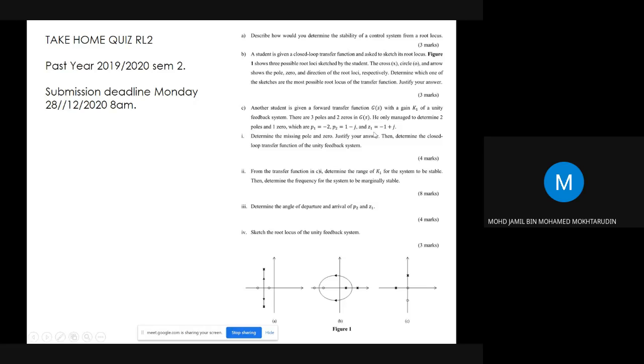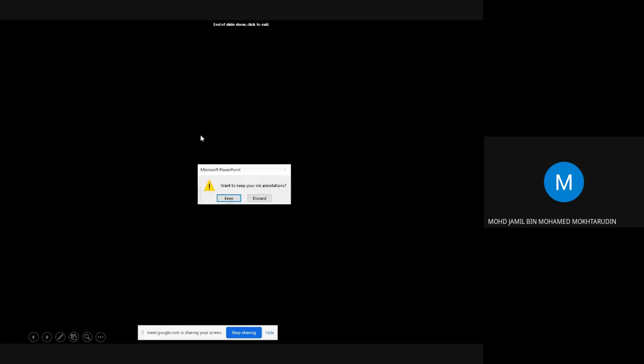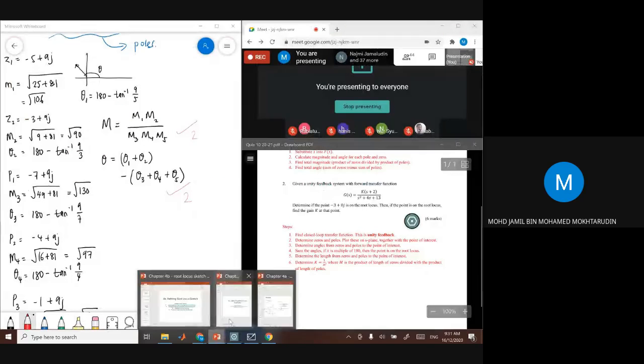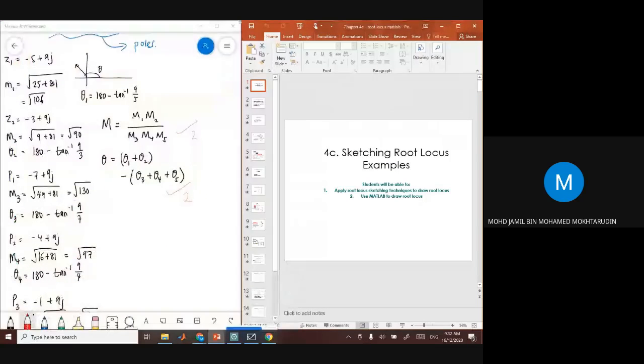So kena faham konsep forward transfer function tu apa, unity feedback tu apa, kat sini ada unity feedback. And also need to understand what is closed loop transfer function. Okay, so try this question and we will discuss on the following week. Okay, so let's try one example before we end our lecture.